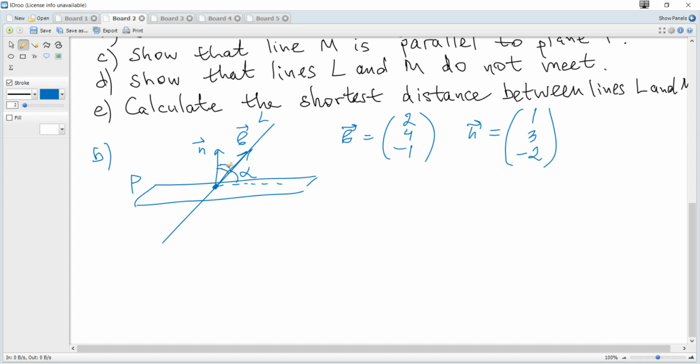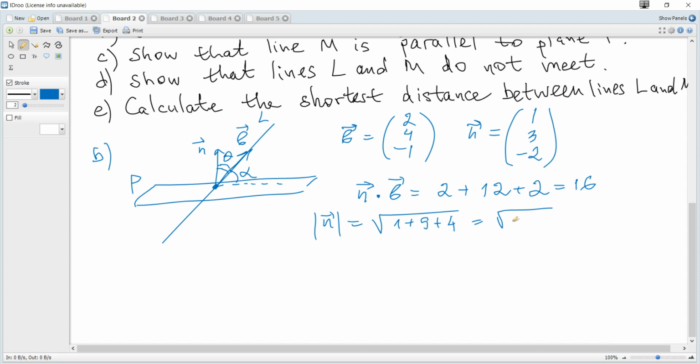So it's theta. So the dot product of n and b is x times x, 2, plus y times y, 12, plus 2, so it's 16. The magnitude of n is root of 1 plus 9 plus 4, root of 14, and the magnitude of b is root of 4 plus 16 plus 1, it's root of 21.